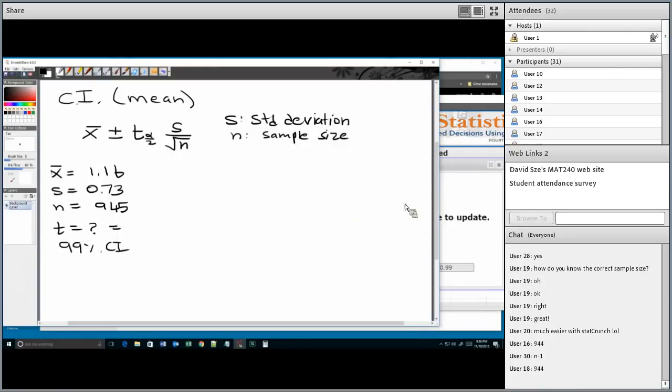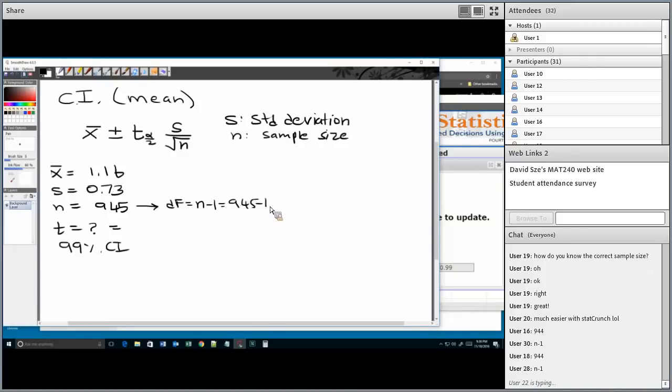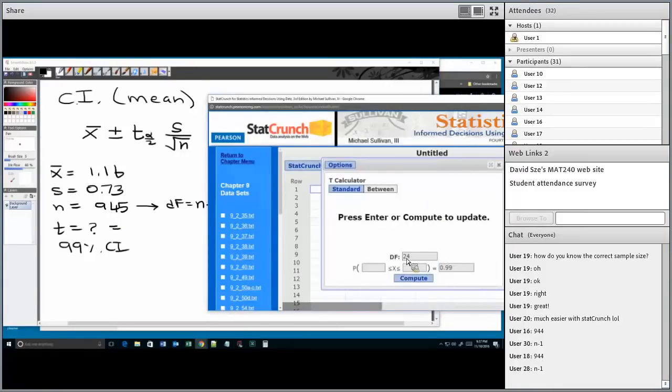It should be n minus 1, and Jerica and Sandra is correct. It's going to be 944, because it's just 945 minus 1. So that's my degrees of freedom. Need 99%.